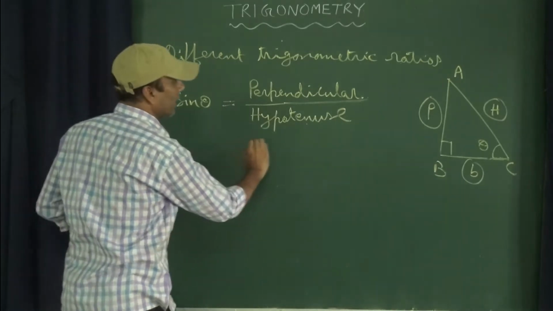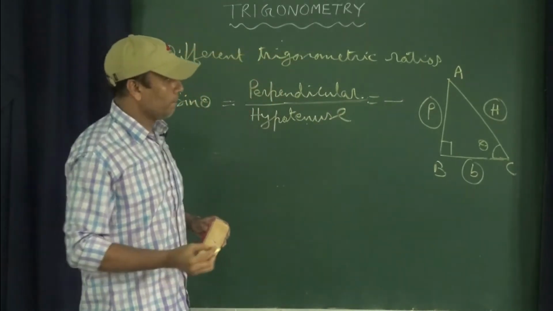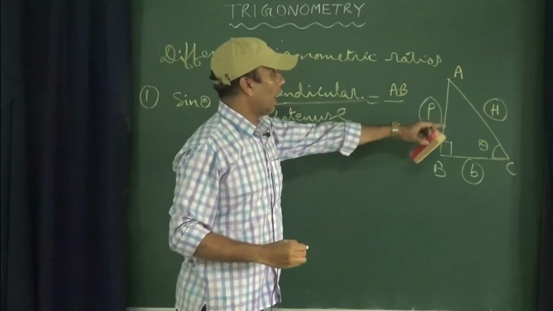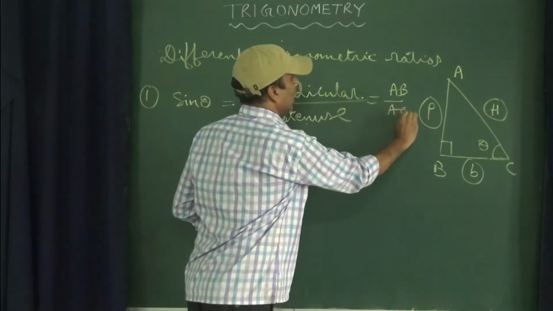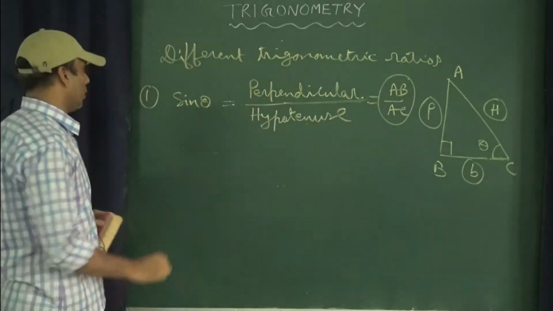So we can write perpendicular AB divided by hypotenuse AC.